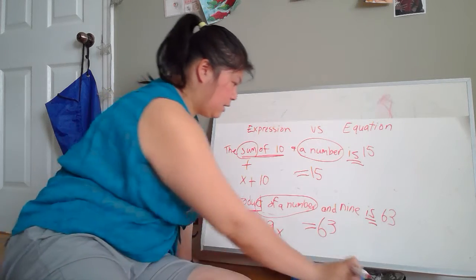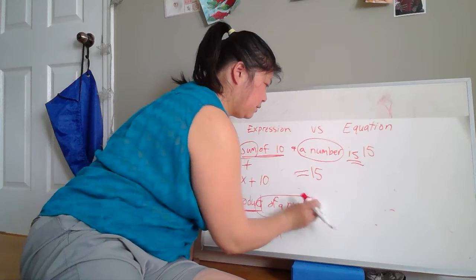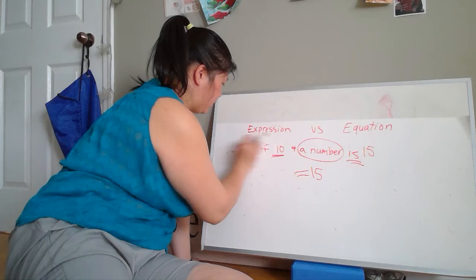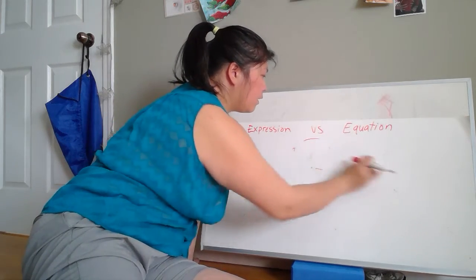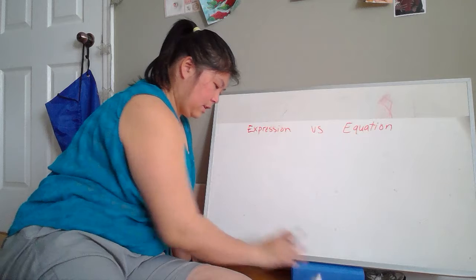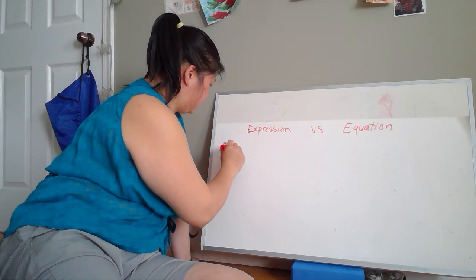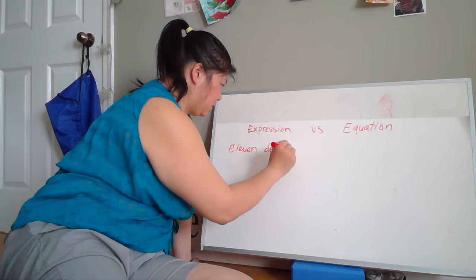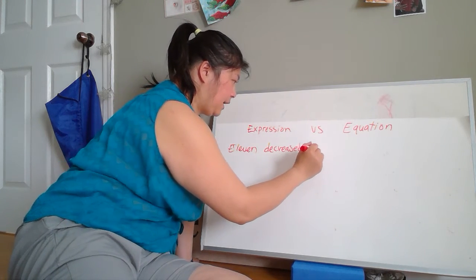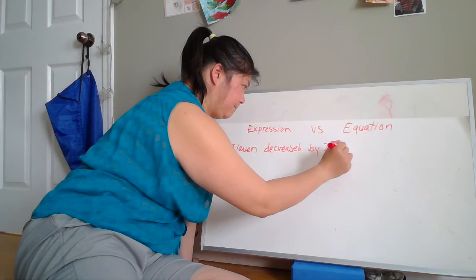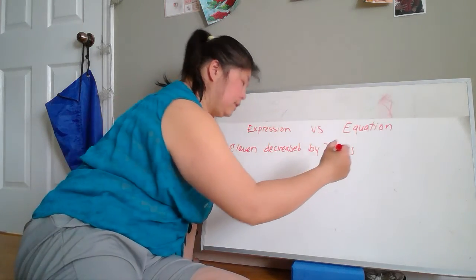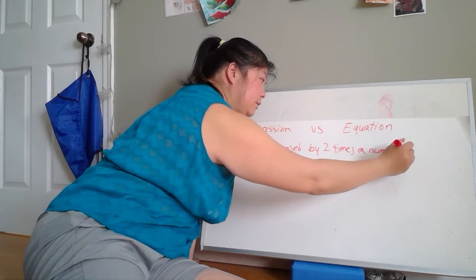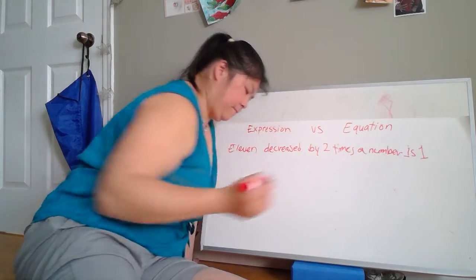I want to do one more, and then I'll review all the different words. 11 decreased by 2 times a number is 1.